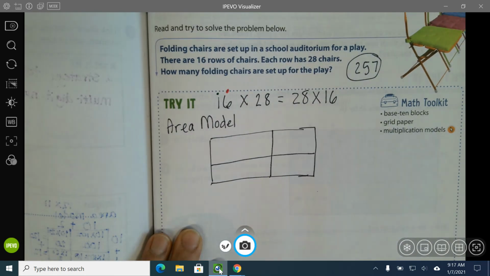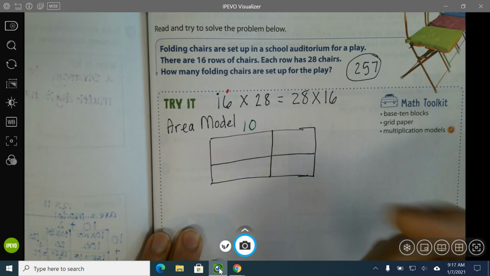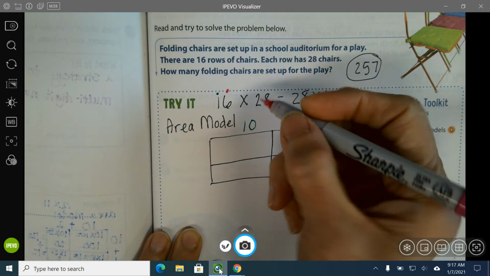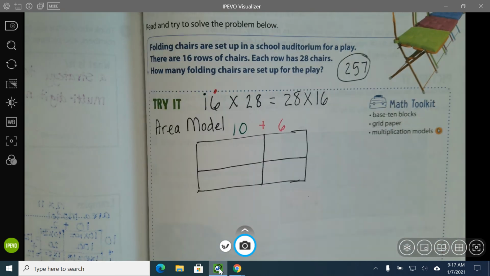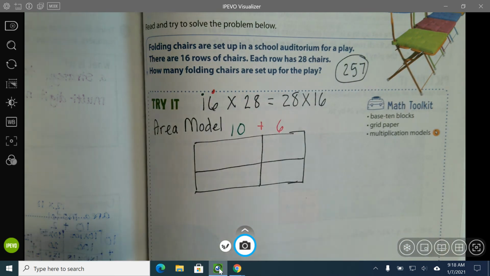The 10 is going to be green and the 6 is going to be red. So that's how I break it into 10 plus 6, and this is going to be 10 plus 6, okay?